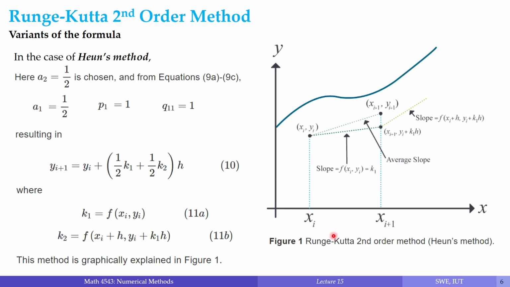Now we have also talked about Heun's method, and we have shown the graphical representation in our demo paper just a while ago. You can look at this figure if you want. That's the same figure. If you are wondering why there is a big disparity between the actual function and the xi, yi value over here, you can recall the concepts of global and local truncation errors, right? While arriving at the point after the ith iteration, it has accumulated a lot of global truncation error, which is why there is a significant disparity between the actual functional value and the point xi, yi.